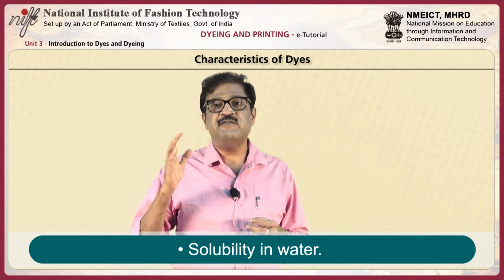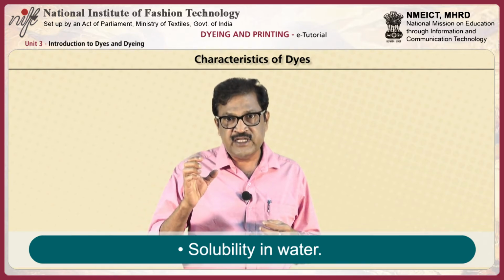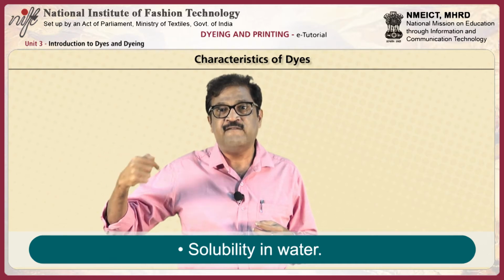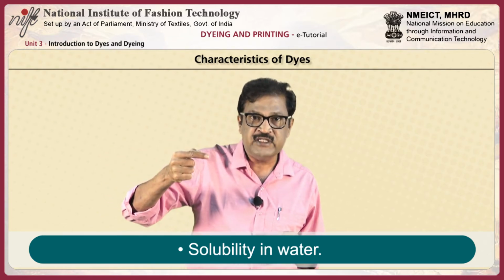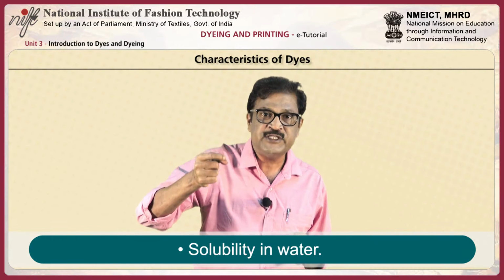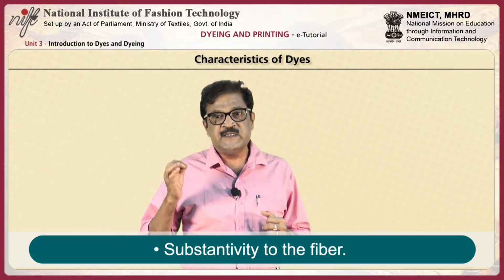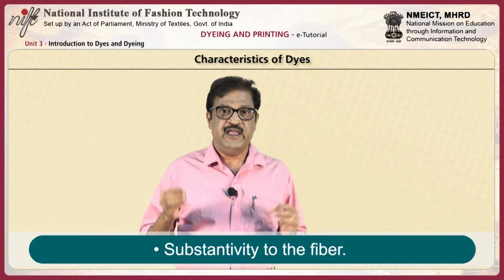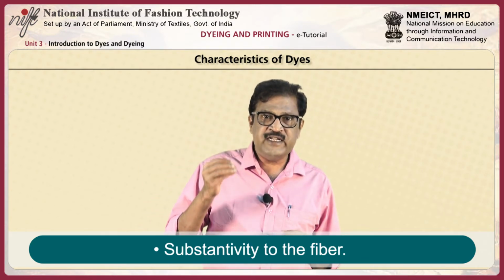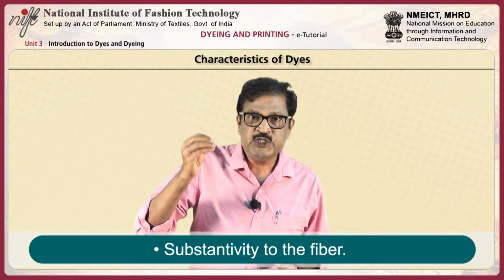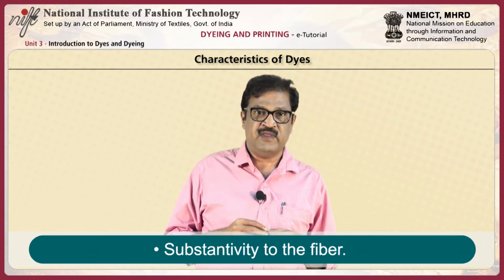During the process of dyeing, the dye should be soluble in water so that water can carry the dye particles towards the inner molecular structure of the fiber. Third, substantivity to the fiber. It means how the dye molecule will penetrate the inner molecular structure of the fiber.